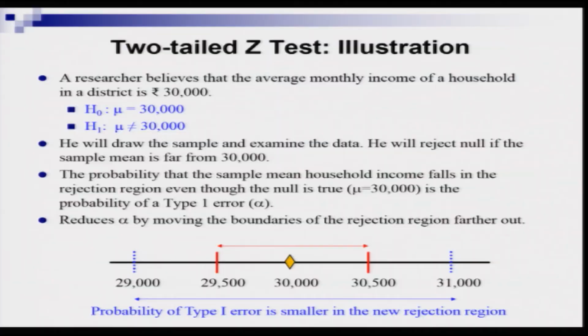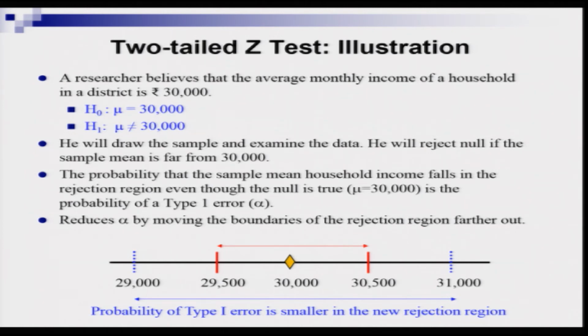So, now we are going to look at the two-tailed Z test through an illustration. So, let us assume a hypothetical story or case. A researcher believes that the average monthly income of a household in a district is rupees 30,000, and of course, needless to say that this is a hypothesis, because it is a belief, and the researcher wants to test that belief from real life data.